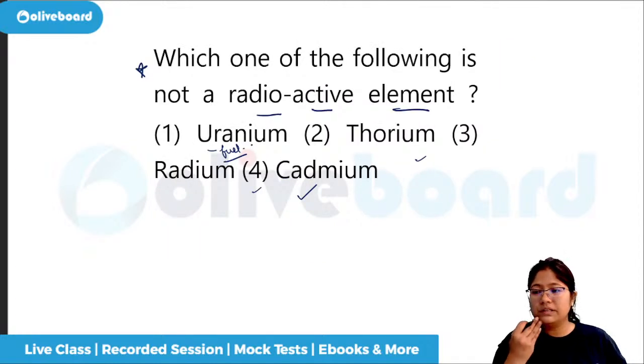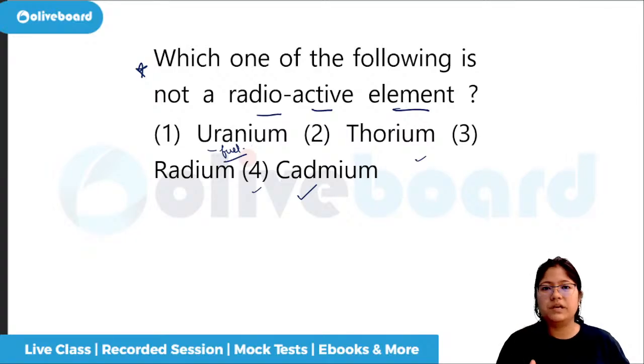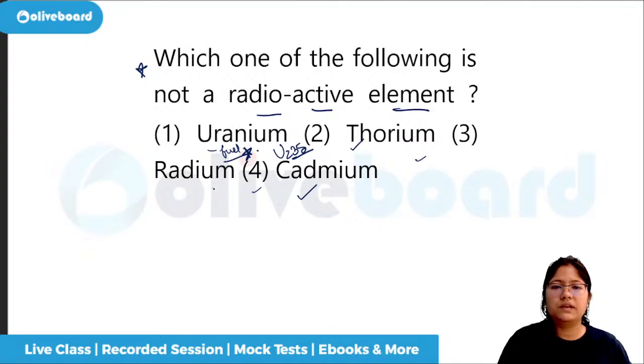Try to write the word or the letter, that is UR or TH, like that. So uranium can be used as a fuel because it is not the radioactive element in this, and that's why it is used as fuel. The isotope uranium-235 is used, and the rest are radioactive. Thorium is radioactive, radium is radioactive, cadmium is radioactive.